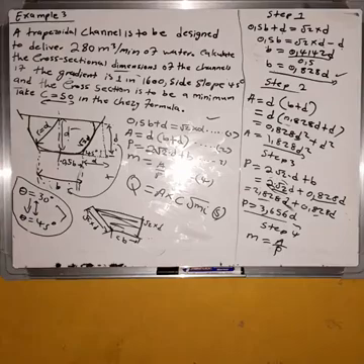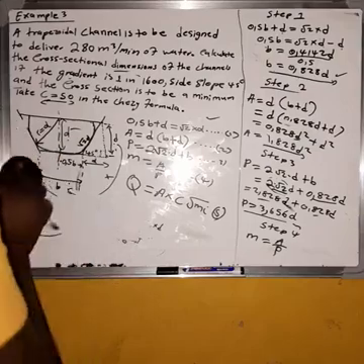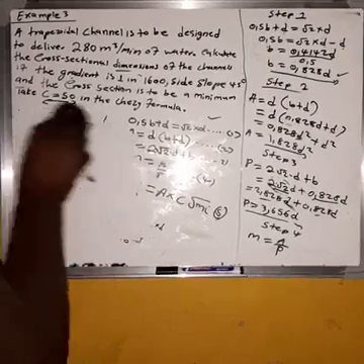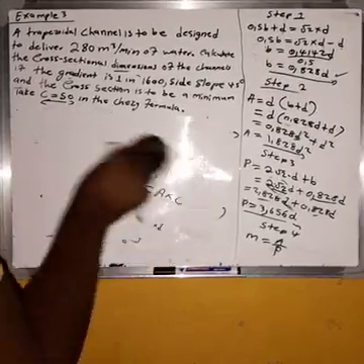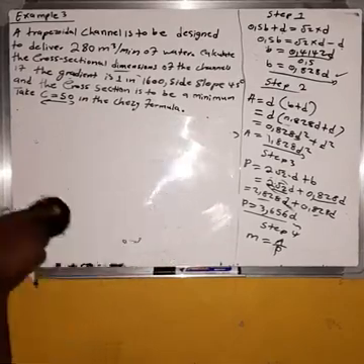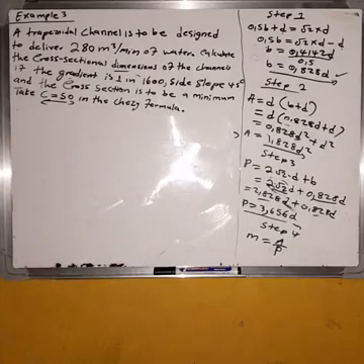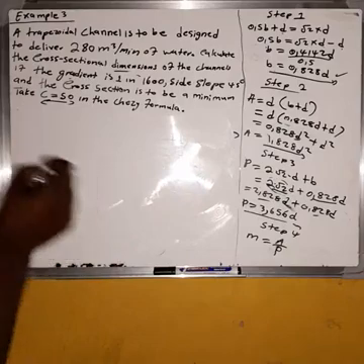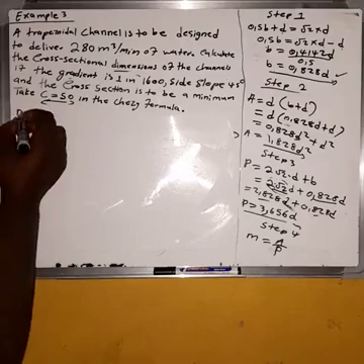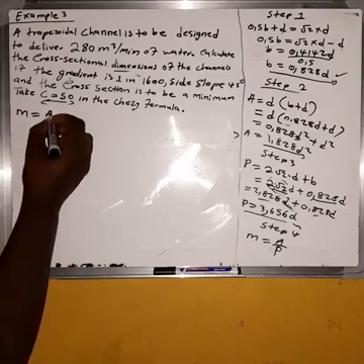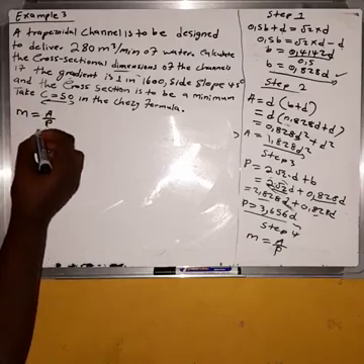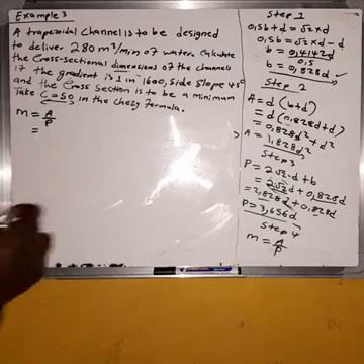That is step 4. It's area over p. Oh, we have area.